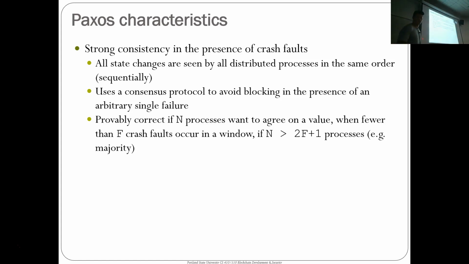So this is what this constraint is. The total number of nodes in the system has to be greater than twice the faulty nodes plus 1. So that means the non-faulty nodes have to outnumber the faulty nodes. And then you can make progress and achieve consistency using this algorithm. Okay?